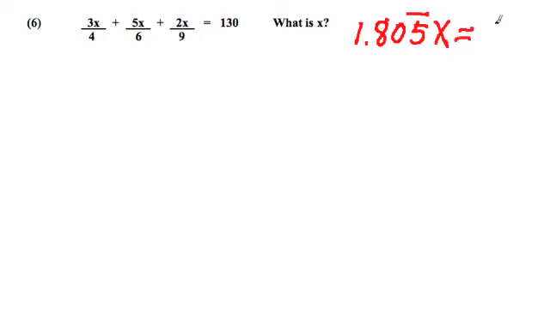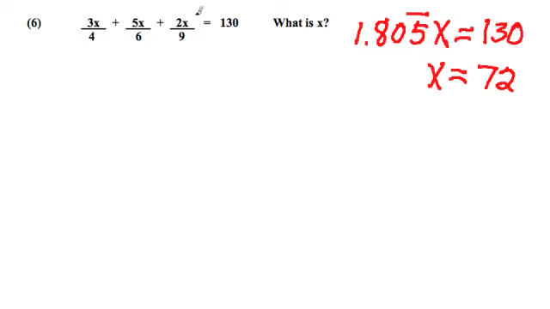X is equal to 130, and divide both sides by 1.805, you would get x is equal to 72. But you want to keep all of your calculations in the calculator. You don't want to have to re-enter them, because then that could create some rounding error, particularly for grid-in problems.